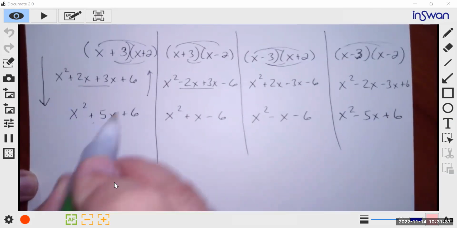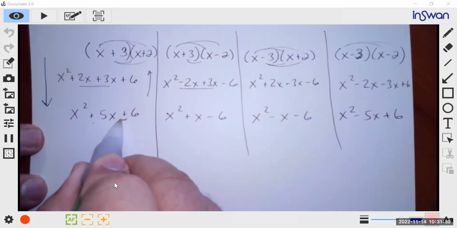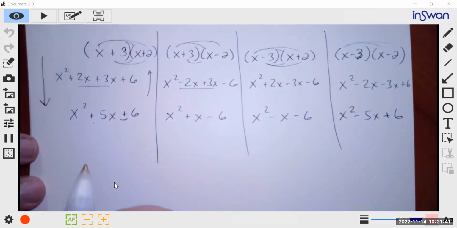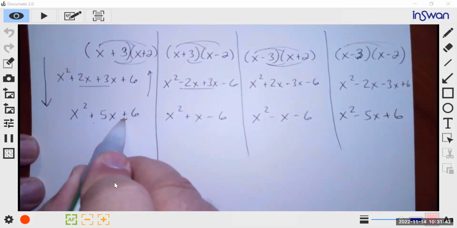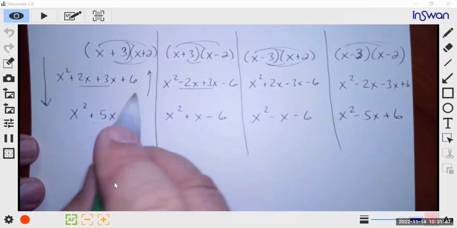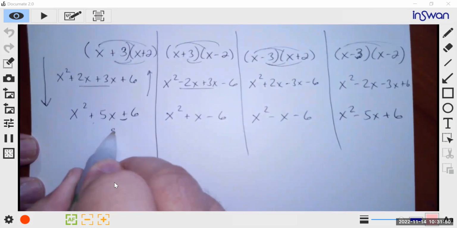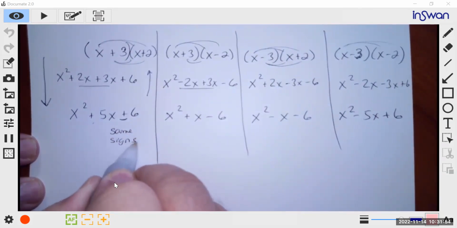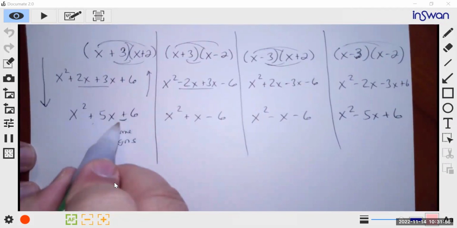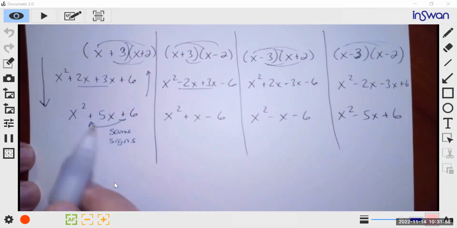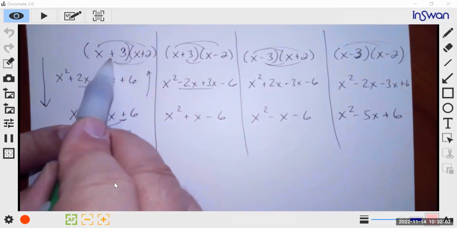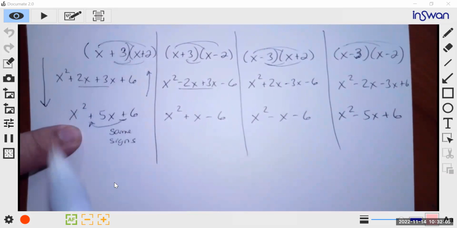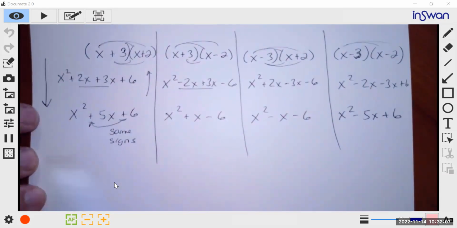Notice this. If the second sign is plus, what does that tell us? It tells us that our binomials have the same signs, whatever the first sign is. Since this is a plus and that's a plus, in our binomials they're both pluses.